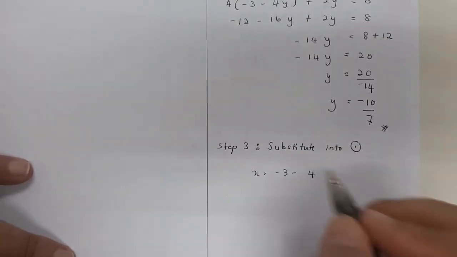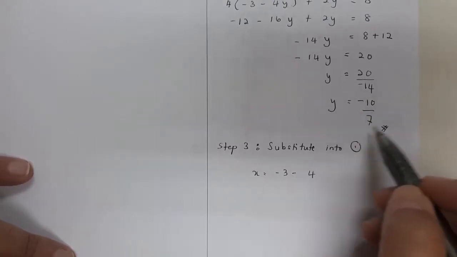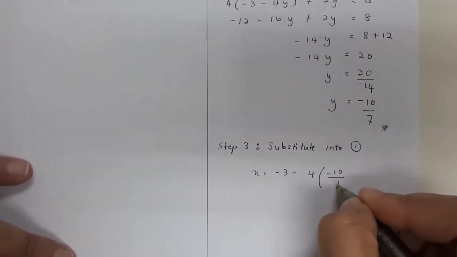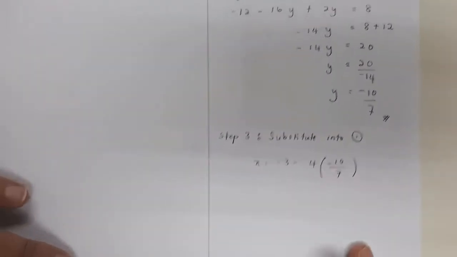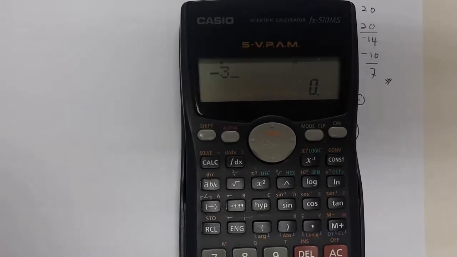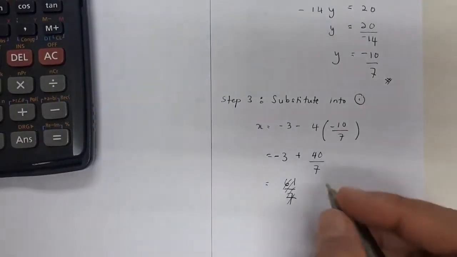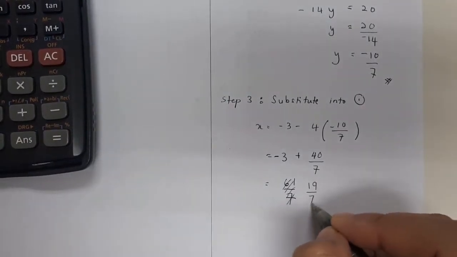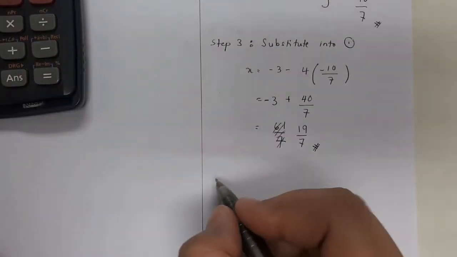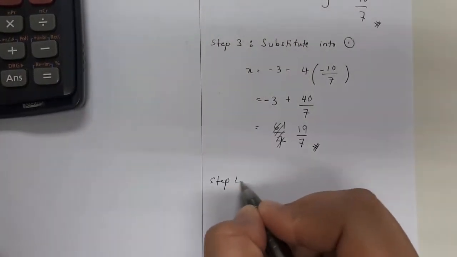Instead of y, substitute with negative 10 over 7. Use your calculator. Negative 3 plus 40 over 7 equal 19 over 7. And then proceed to step 4.